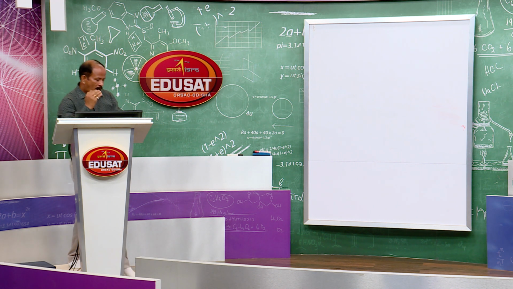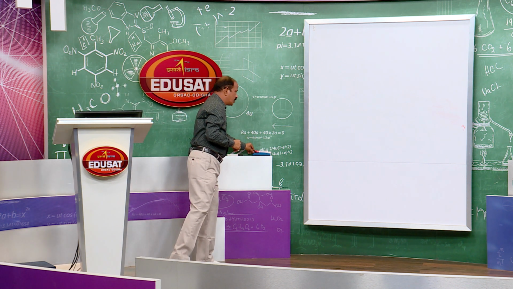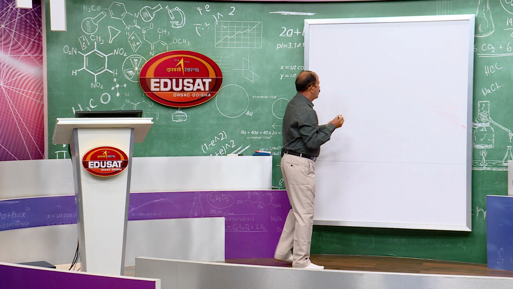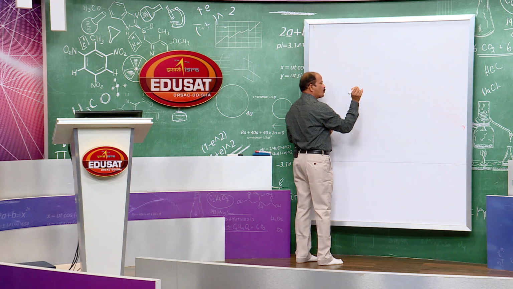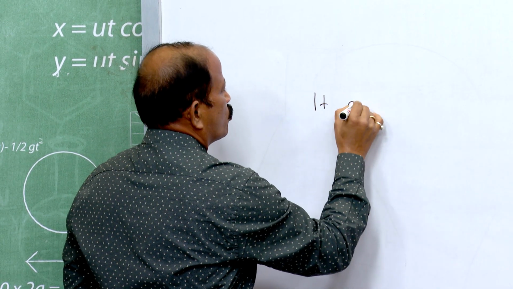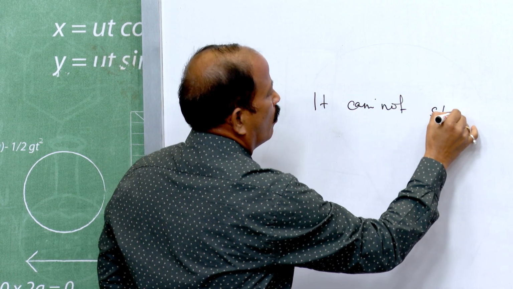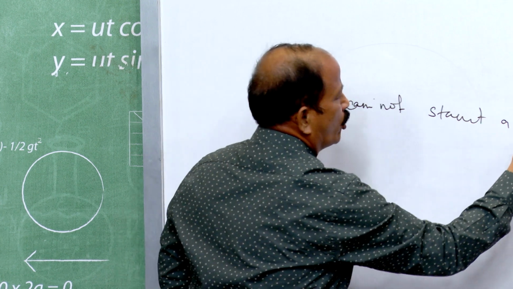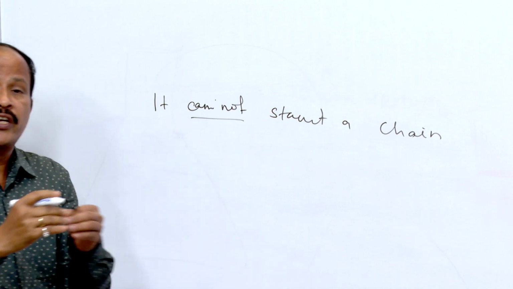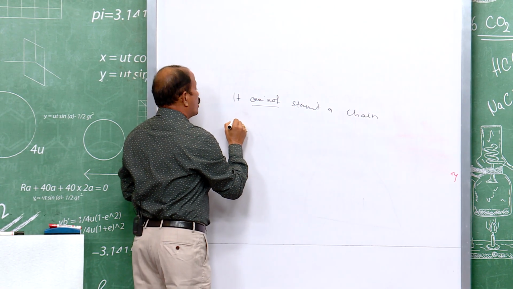But I want to say, out of the 3 polymerases, DNA polymerase 3 is most important. It is the most important polymerizing enzyme. The basic property of this polymerizing enzyme is it cannot start a chain new. That means it cannot initiate a new chain. So, that is why it requires a primer.